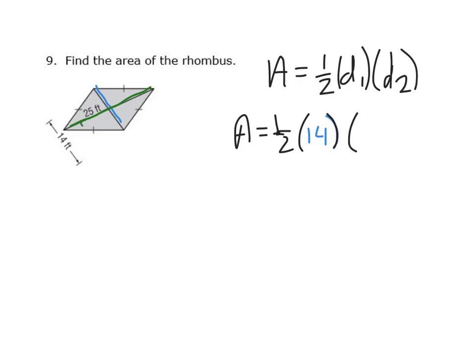So if this is 25 units, then over here is going to be 25 as well. And 25 plus 25 gives us 50. So we multiply that up, and we get our area is equal to 350, and we're in feet squared.